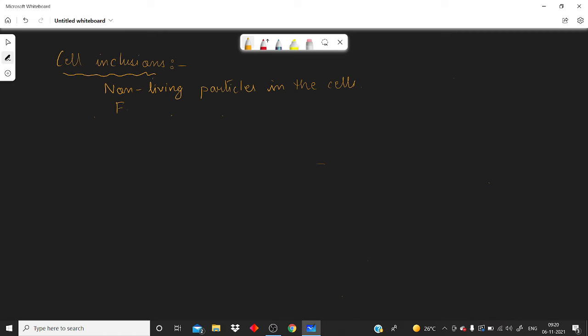This will include food such as starch grains. For example, in potato, or in the muscles of animals, we find that starch grains are stored. Then glycogen granules in the liver cells.